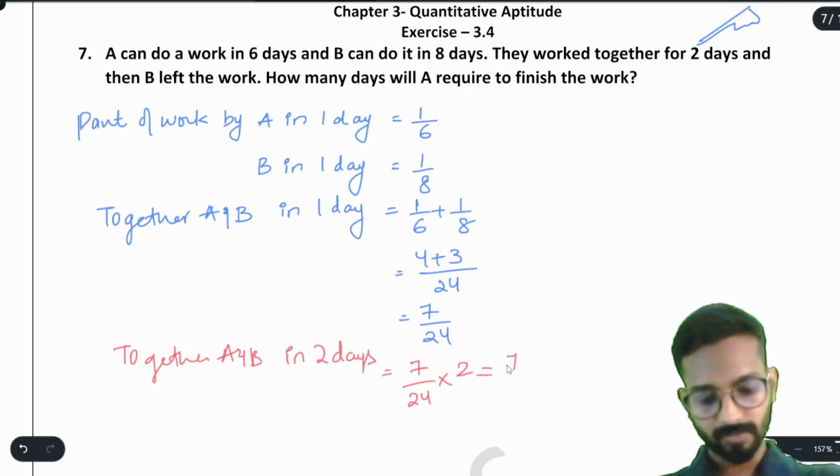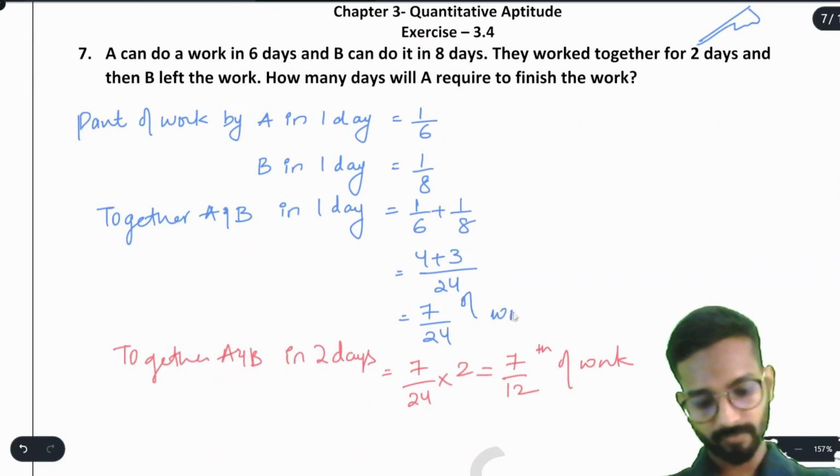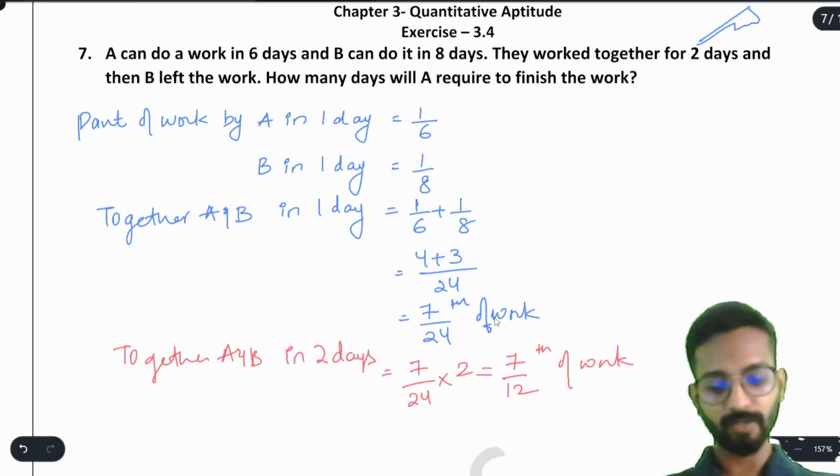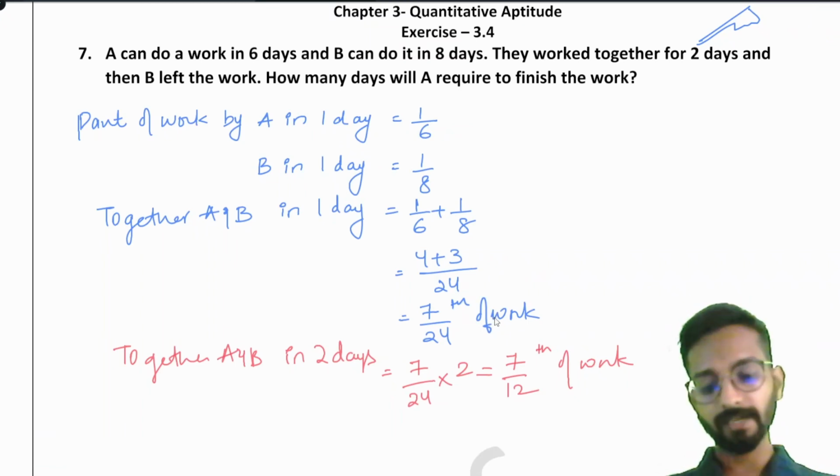So it will become 7 by 12 of work. They are saying they worked together for 2 days. Okay. After that B left the work.